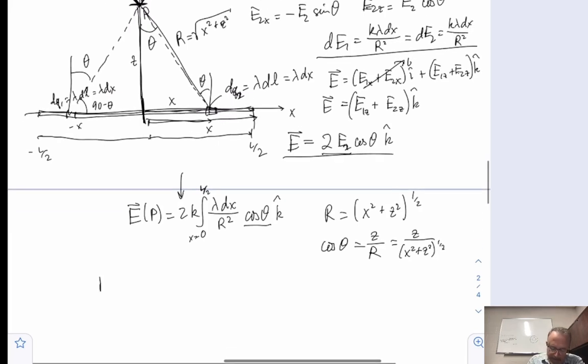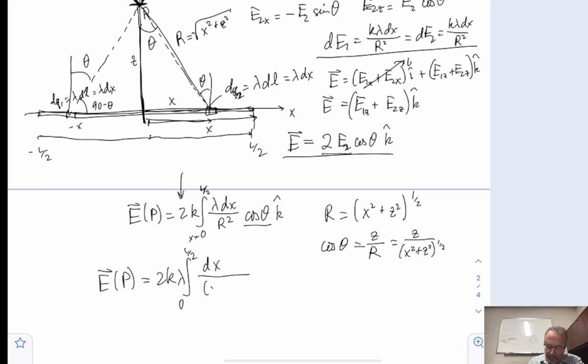Now if I put that into my electric field equation, 2k lambda comes out, and I've got the integral of dx from 0 to L over 2 over x squared plus z squared to the 1/2, and then the cosine, z over x squared plus z squared to the 1/2. Whoops, this one is not to the 1/2. This one is just to the 1 because it's r squared. And then in the k hat direction.